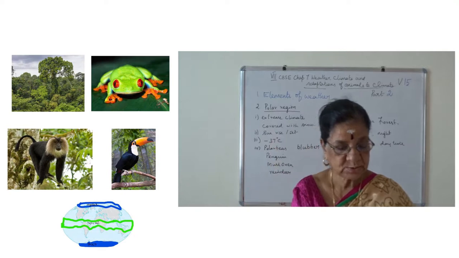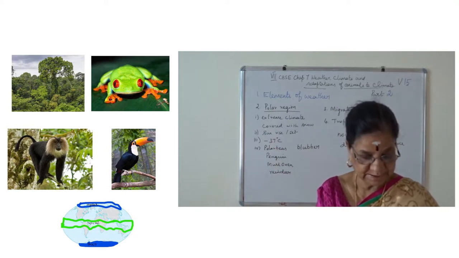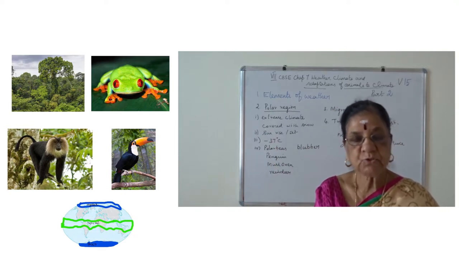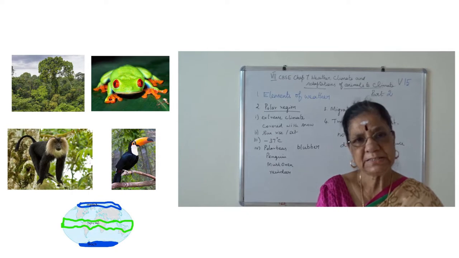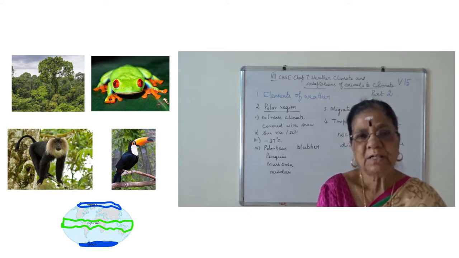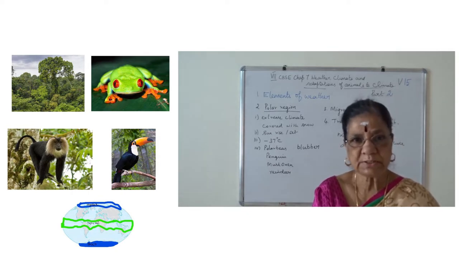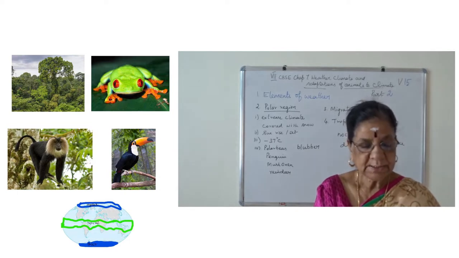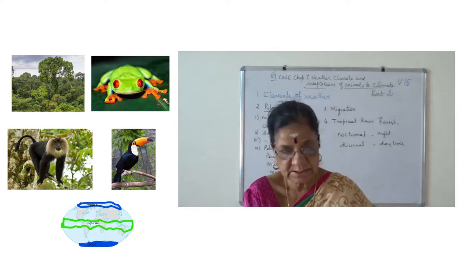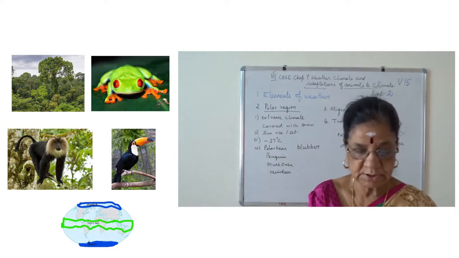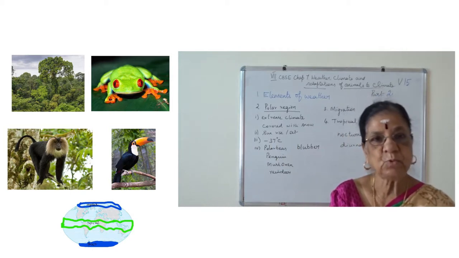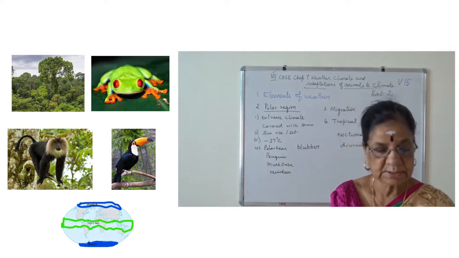The next one, desert animals use several methods to acquire and retain water. Desert is extremely hot with scarcity of water, so to avoid that, they follow several methods to retain water. Many animals get water from the food they eat.